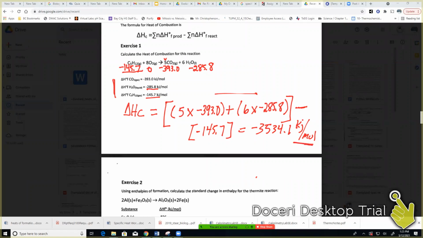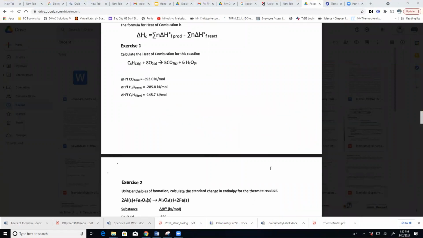If you forget that, if you notice on here, it has kilojoules per mole. So that can be your hint if you forget what your units are supposed to be. It's also on here. So the formula looks a lot worse than the problems actually are. Did anybody have trouble getting that in their calculator? You good? All right, let's look at the next one.